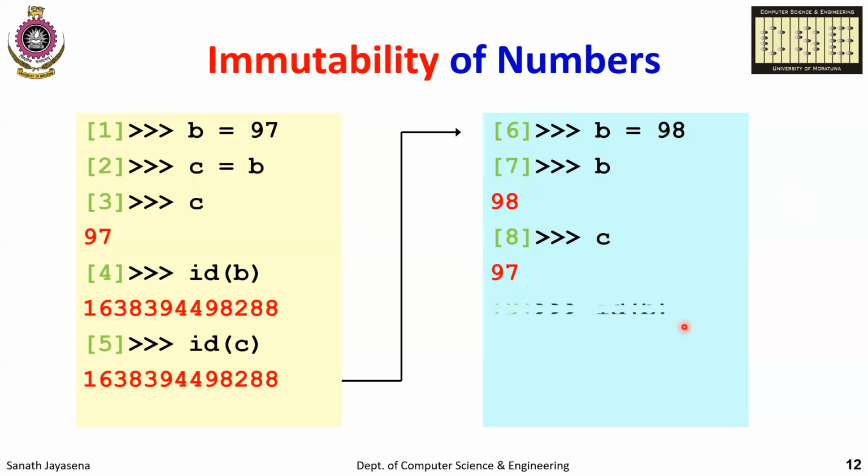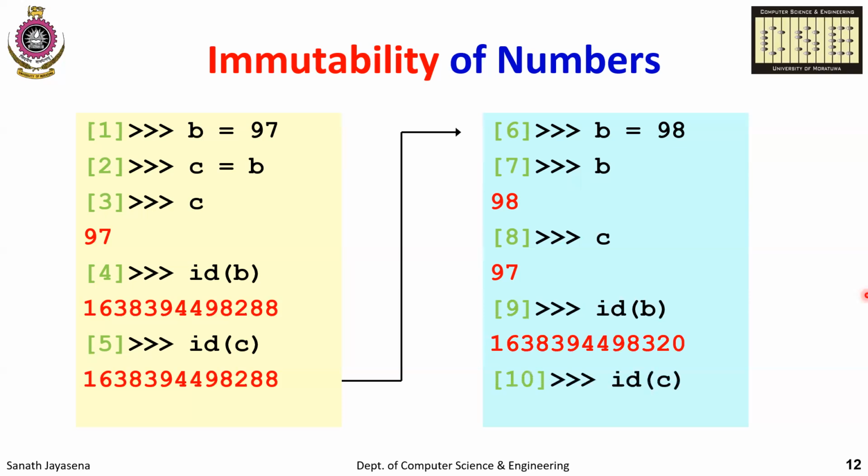So we can find out by using the ID function again with B, which gets a number which is different from the previous one now. Different from the previous one, right? And when I check the identity of C, what does it give me? It gives the original one still.